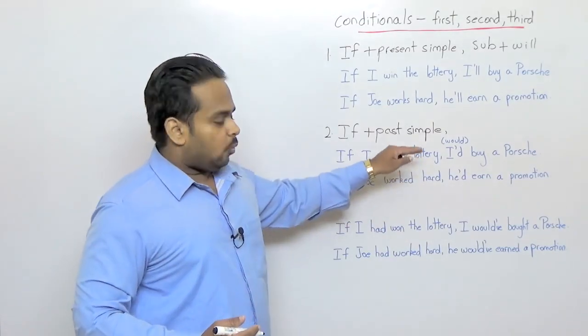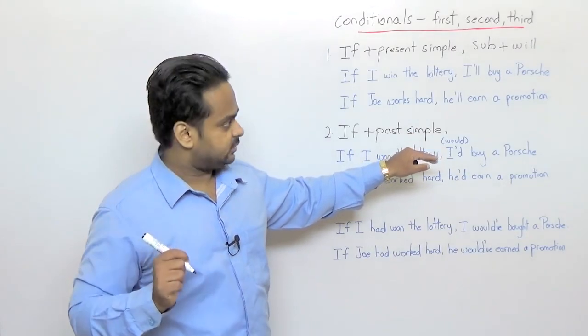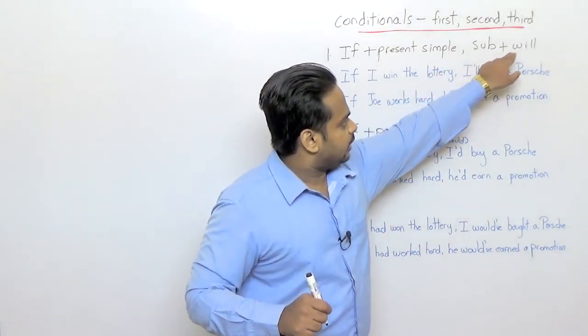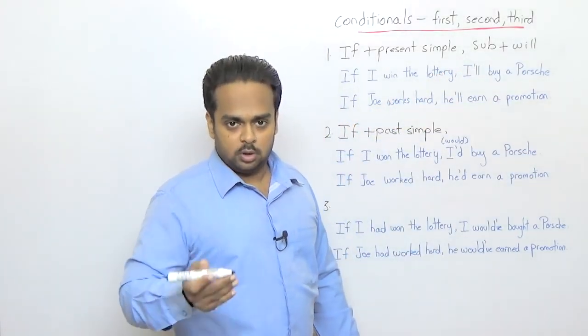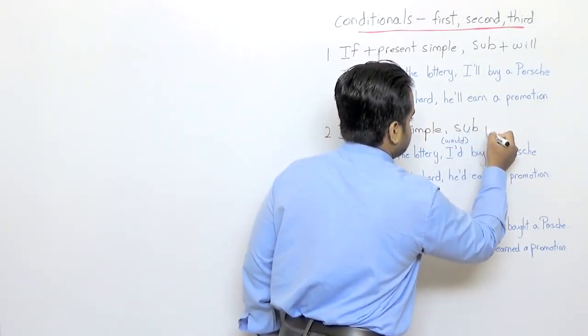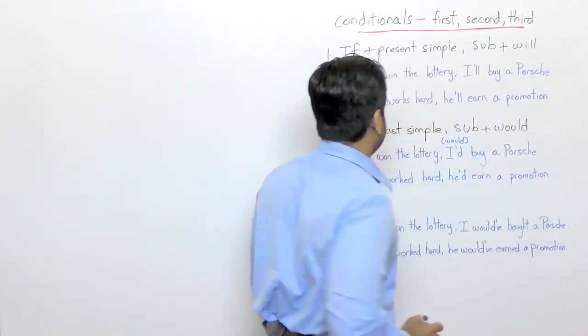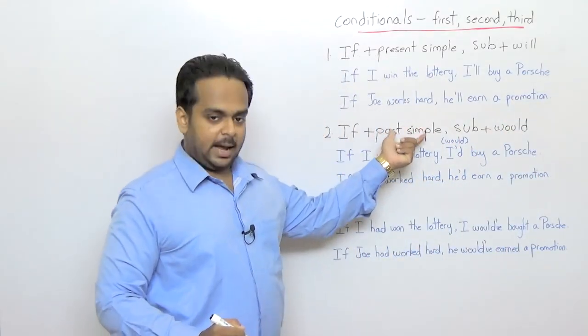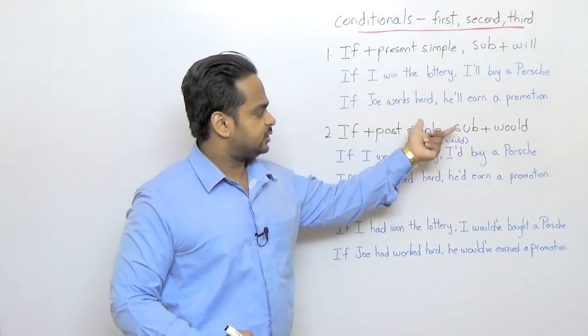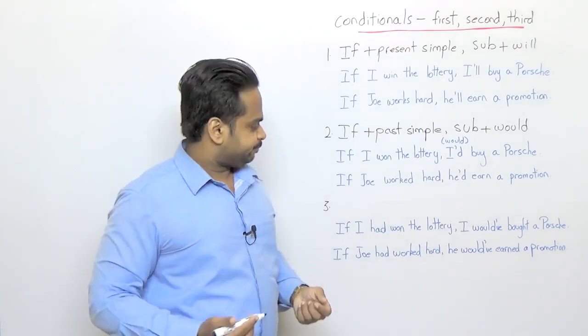And in the result, once again, we're changing the sentence to the past tense. So instead of will, we're going to use would. Would is the past tense of will. So you have a subject plus would. So if plus past simple is the condition and subject plus would is the result.